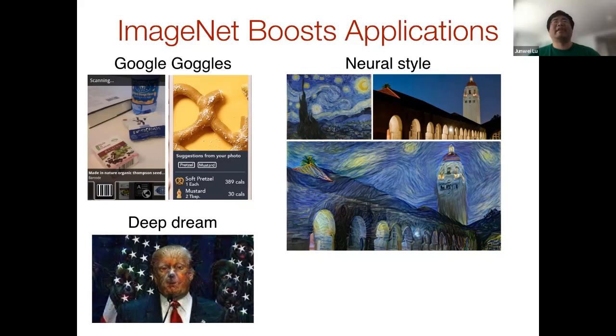So these are some examples I list here, which are actually embedded in many apps in your smartphone. For example, Google Goggles: you can scan the subjects just using a camera, and it can even search the product for you for the price, etc. That seems like a very immediate task because basically it's identifying subjects, right?